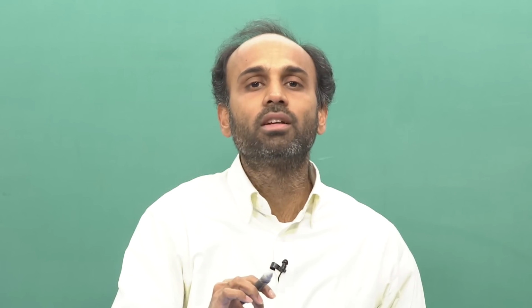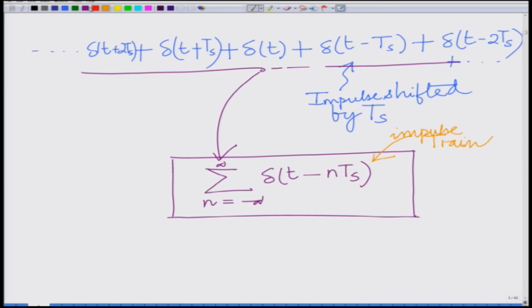Each impulse shifted to n Ts, where n can be any integer, is delta t minus n Ts. You are summing all these impulses from n equal to minus infinity to plus infinity. Let us denote this impulse train by G delta of t.